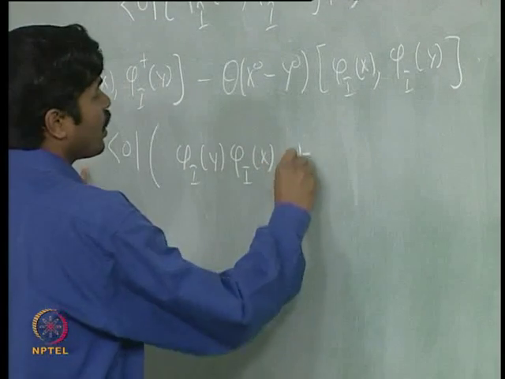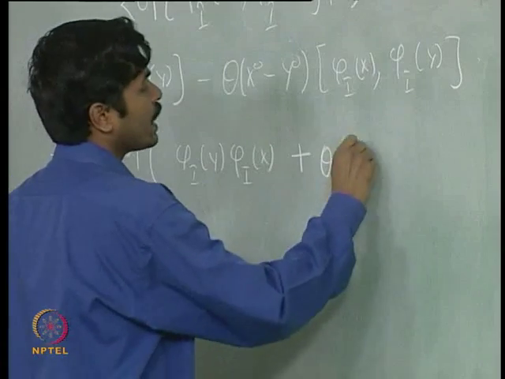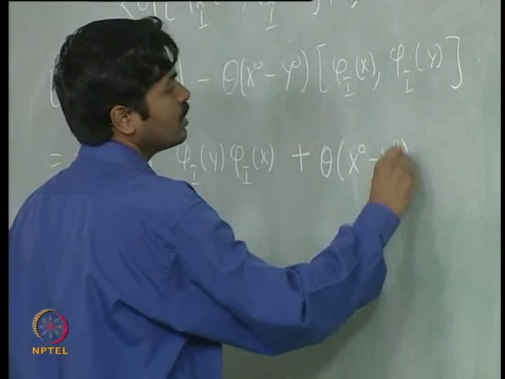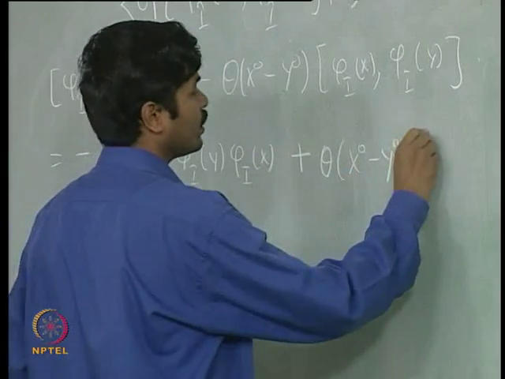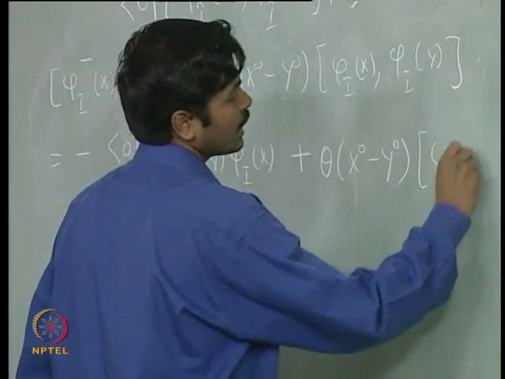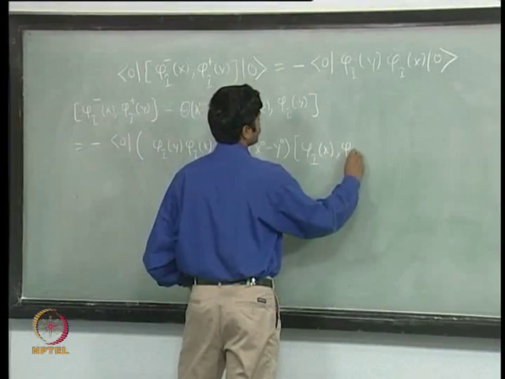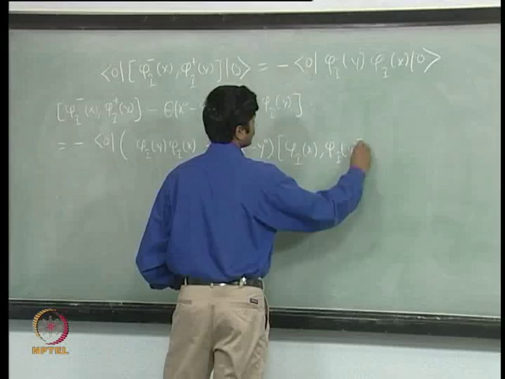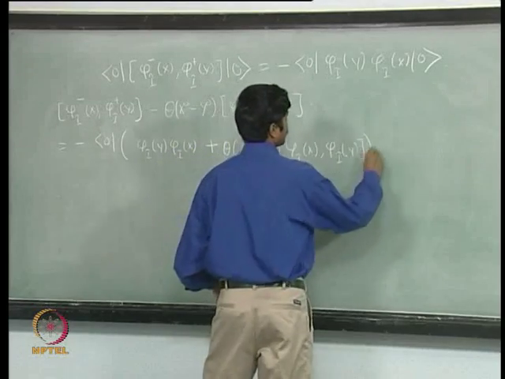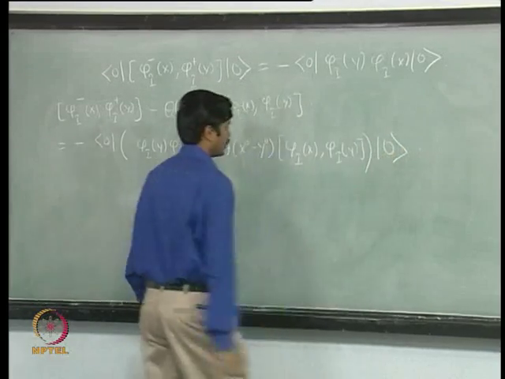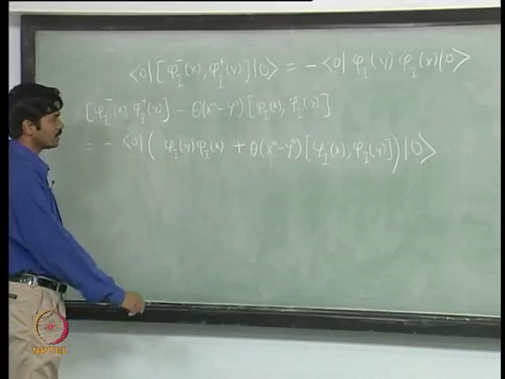So, I will get a plus theta of x 0 minus y 0 commutator of phi I x phi I y, the vacuum expectation value. Okay.